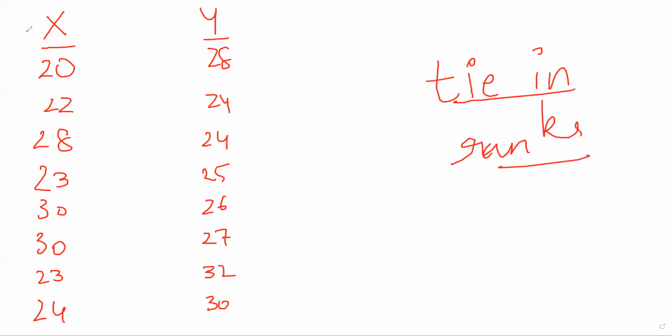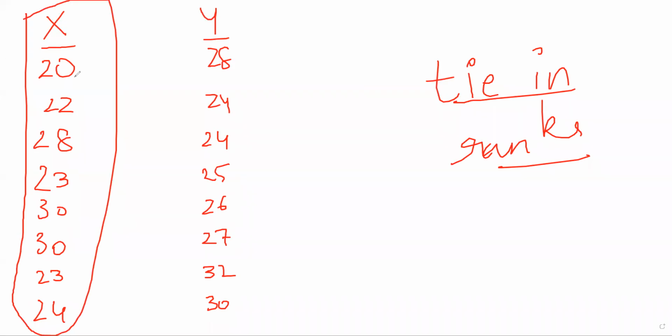So if you look at only X data, look at 30 and look at 23. Both of those values are being repeated once, meaning there are two values of 23 and two values of 30. And in data Y, there are two values of 24. This is called a tie in ranks.